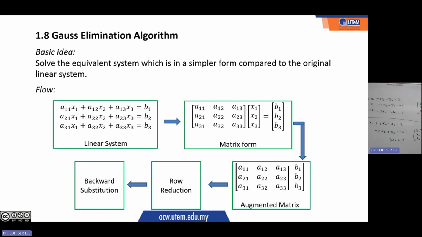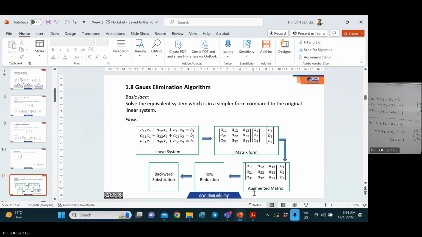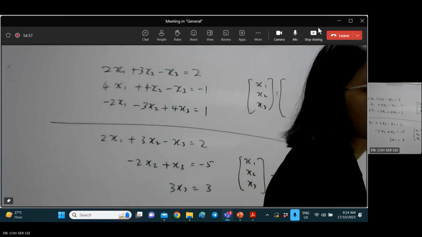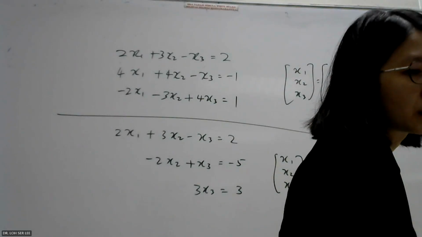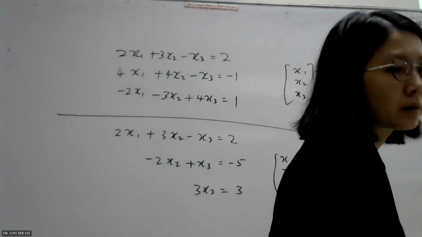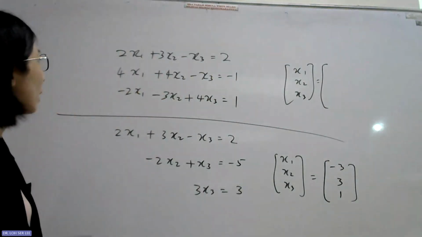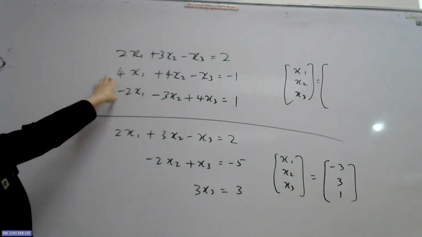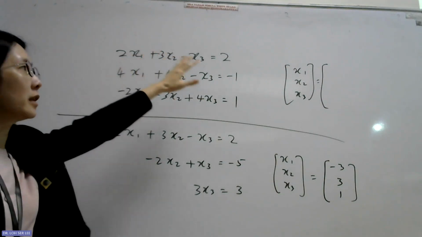If you look at the example on the whiteboard, this is a given linear system.